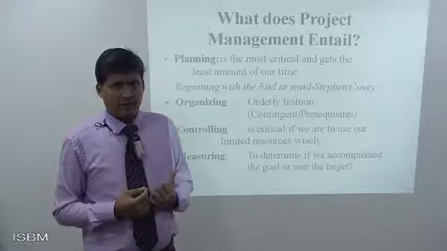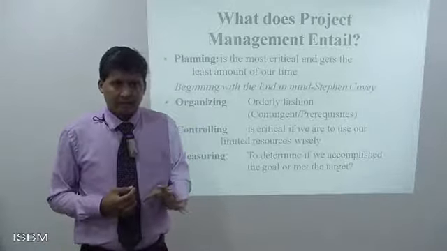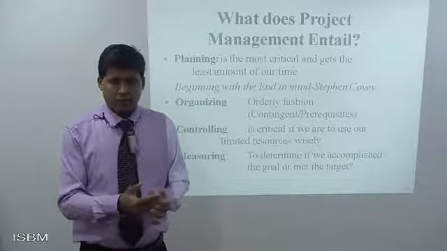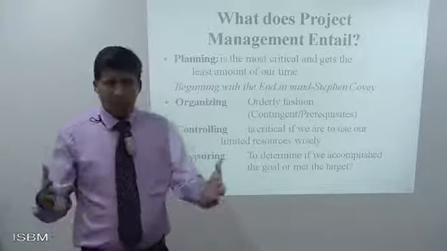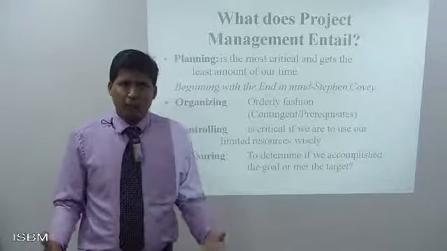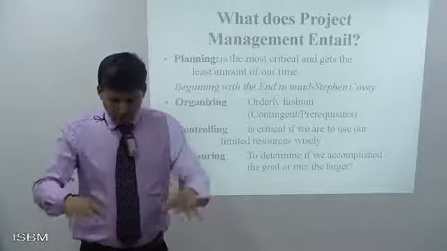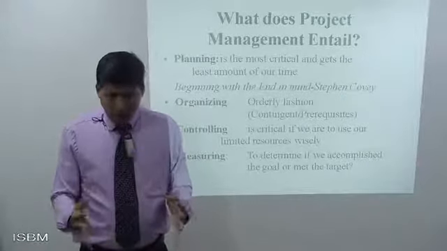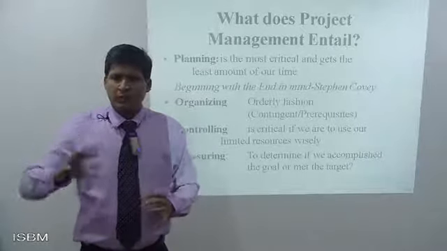Organizing. Once we have a plan, we also need to execute that plan, so we need to be organized. Plan is all about paperwork. It's a blueprint. It's a layout. Organizing is about how we can take whatever we have planned from this layout and bring it to a real life scenario.